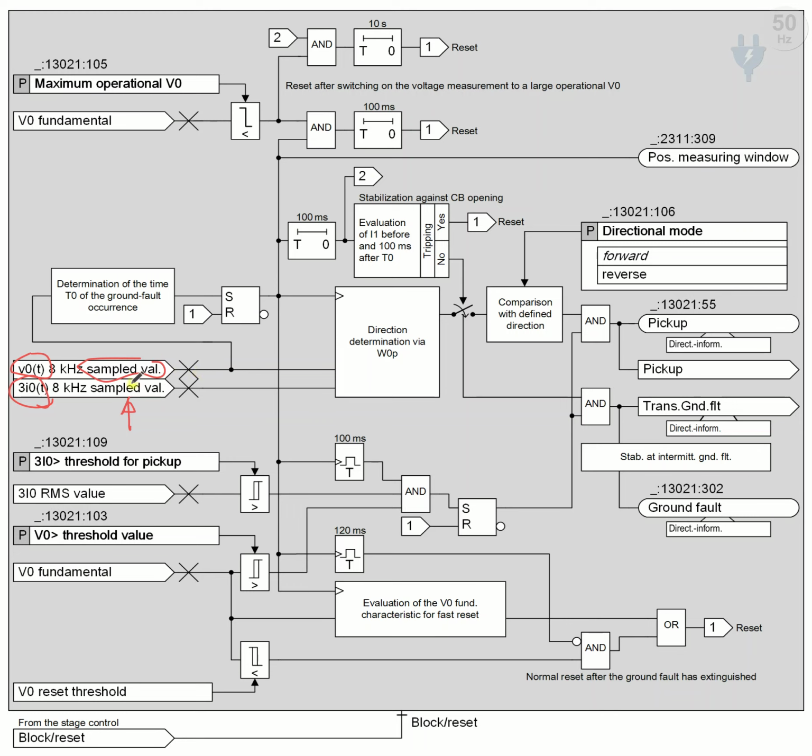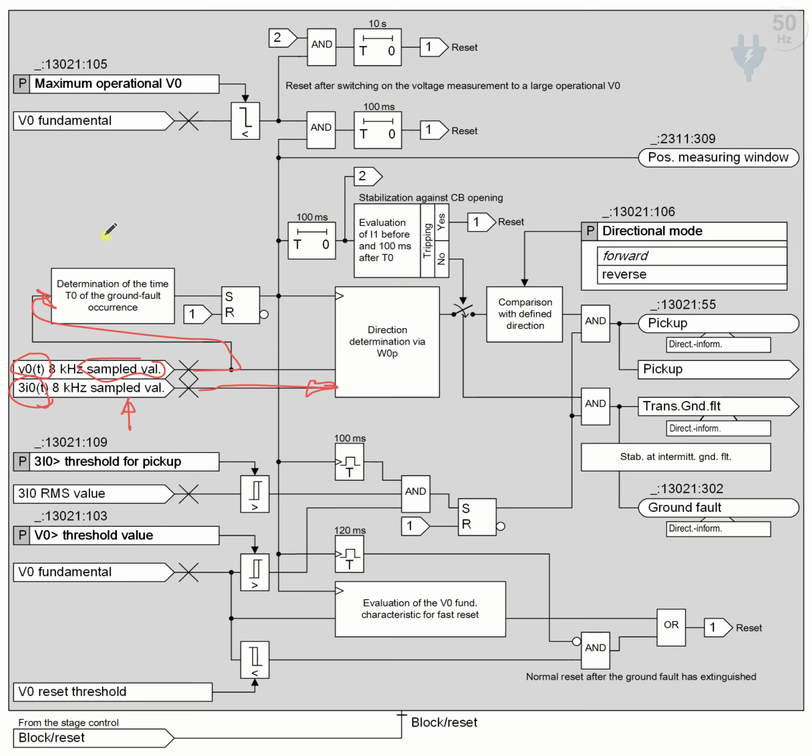The sampled value of the instantaneous zero sequence current, sampled at the rate of 8 kilohertz, is directly supplied to the direction determination block. And the sampled value of the instantaneous zero sequence voltage is supplied to another block, which is called the T0 block.